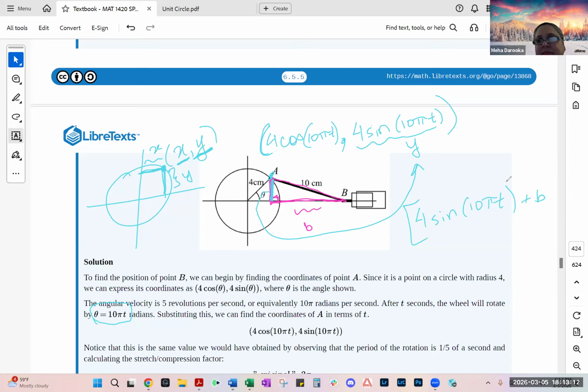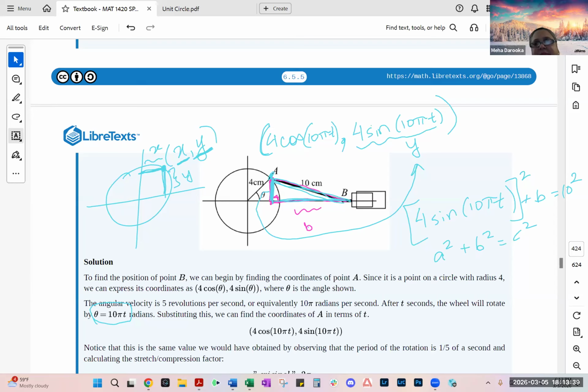So remember, with your Pythagorean theorem, you can do a squared, which is this side, b squared, which is this side, and then it equals your hypotenuse. And of course, we know the measurement of the hypotenuse is 10 centimeters, so you can do your hypotenuse squared. This is following the a squared plus b squared equals c squared from your Pythagorean theorem.